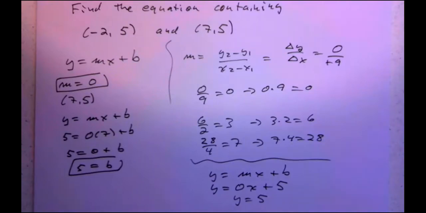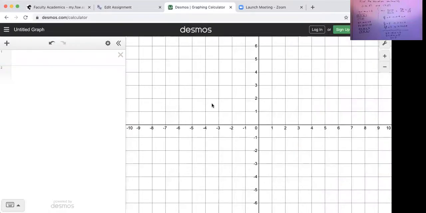Now, does that surprise us? Well, let's go ahead and take a look at Desmos. So if I put those 2 points in, we had -2, 5, and we had 7, 5. They are there.